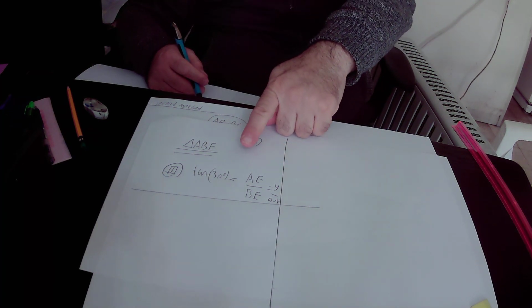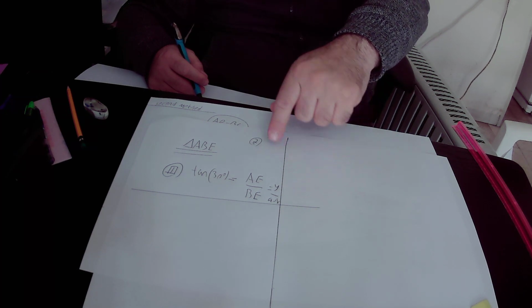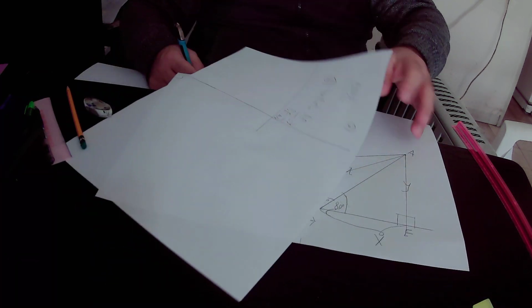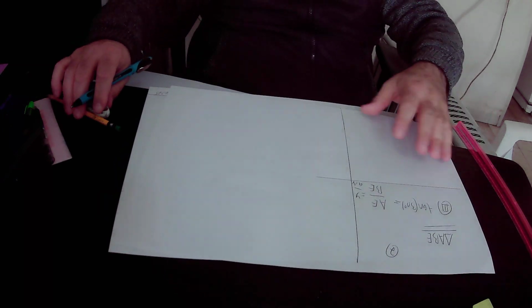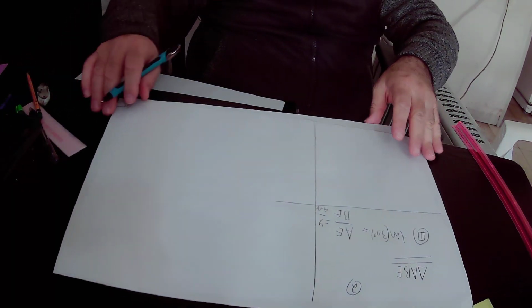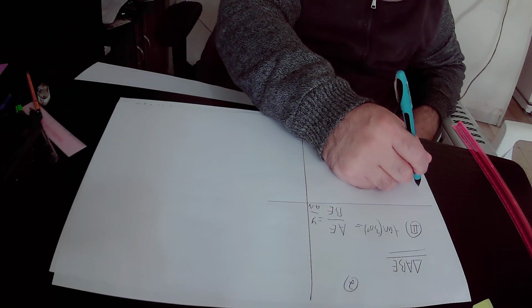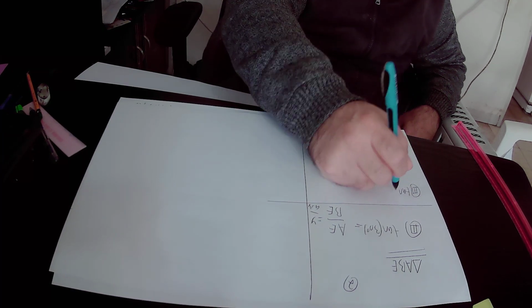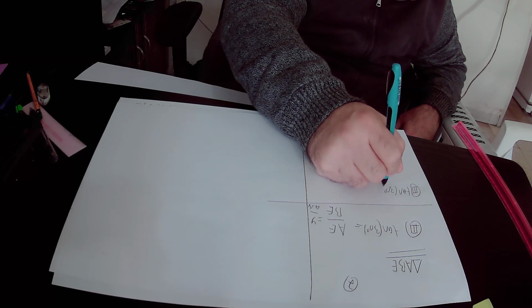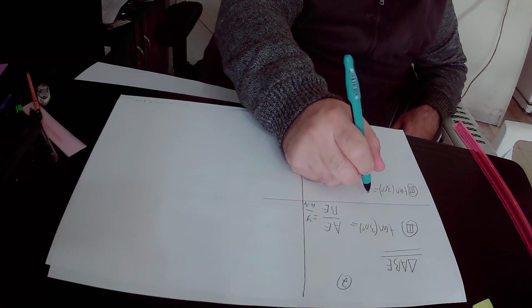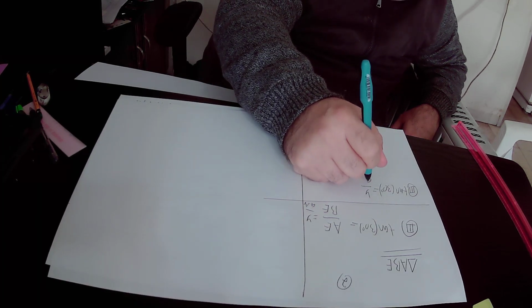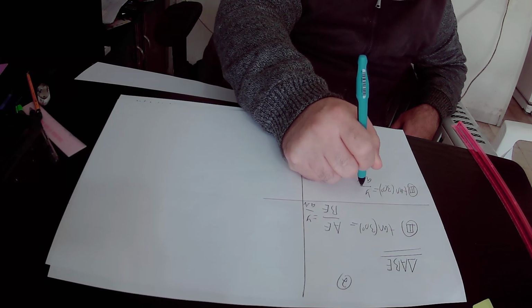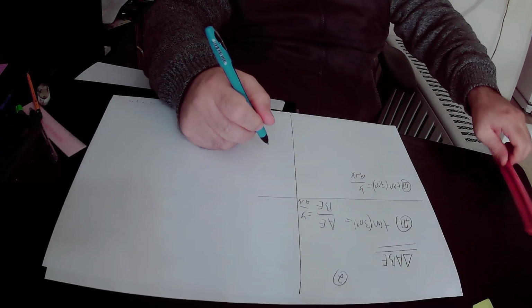Therefore, tangent 30 degrees equals y over A plus x, according to equation number 3.